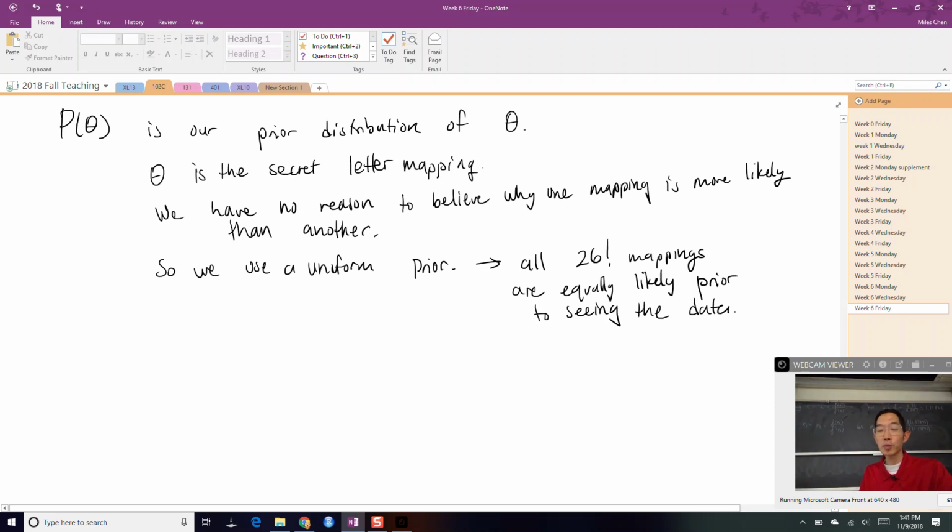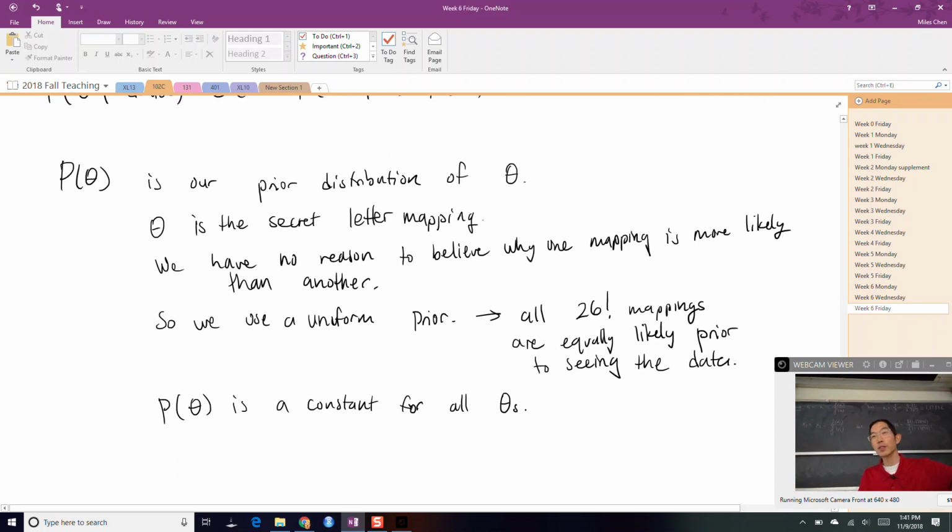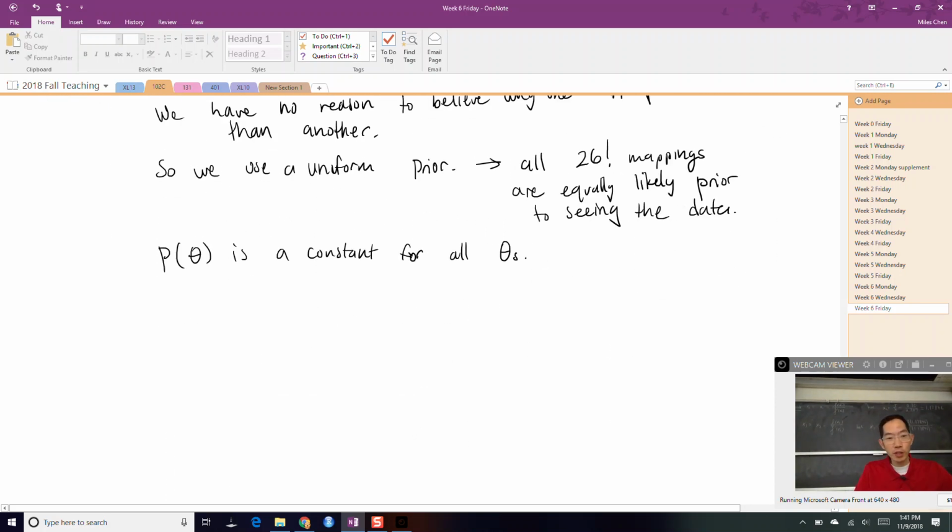So that means the probability of theta is a constant for all thetas. So for all of the mappings that we have, all of them have the same prior distribution. Okay, so that further reduces our posterior distribution to just be proportional to the likelihood. Okay.